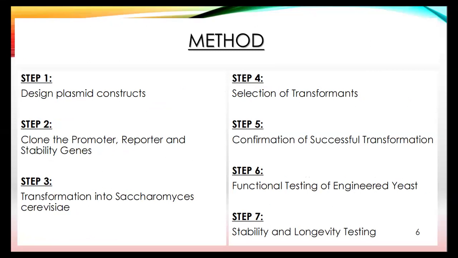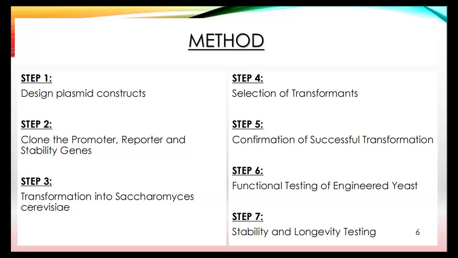Step 1, we are going to design our plasmid constructs. We are going to identify promoter sequences, obtain mycotoxin responsive promoters, and select reporter genes. The second step is cloning the promoter, reporter, and stability genes, where first we are going to do amplification using PCR, restriction digest using restriction enzymes, and ligation using ligase enzymes.